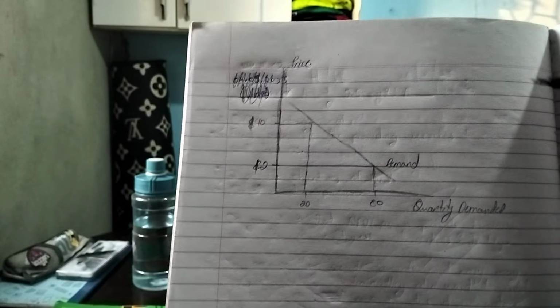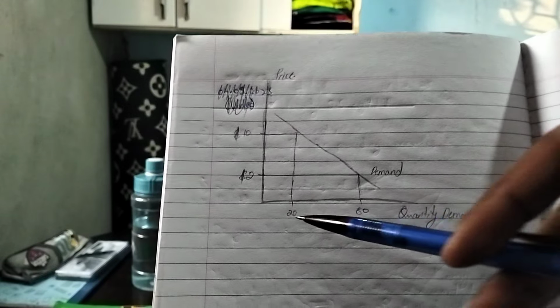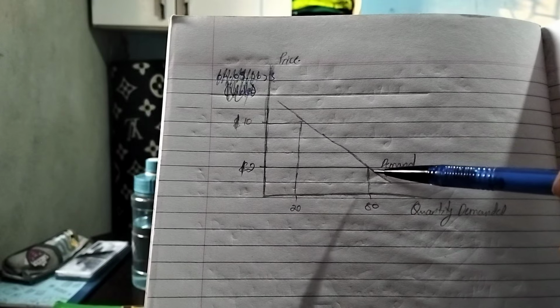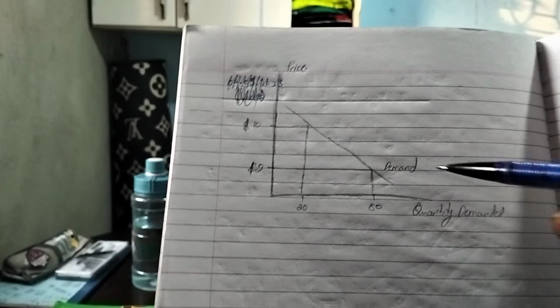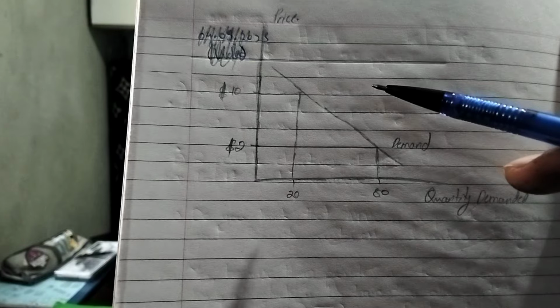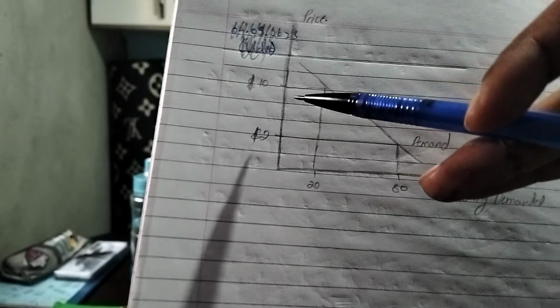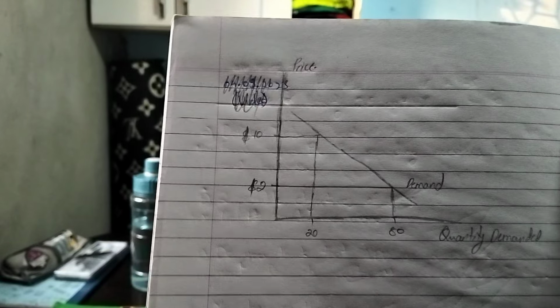So as you can see, as the demand has increased and the price has decreased, that means there is very less demand. And as the quantity decreased and the price increased, there will be more demand because there will be less quantity of products.